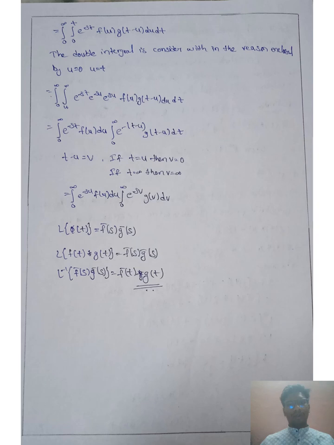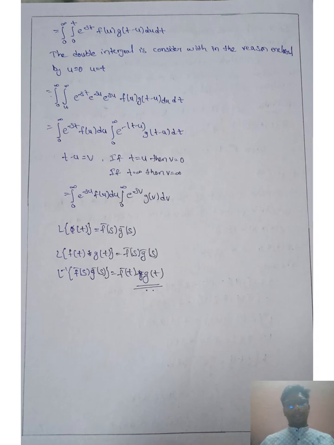We are separating the two transforms: the integral from 0 to infinity of e to the minus su f of u du, and the integral from u to infinity of e to the minus s times t minus u g of t minus u dt.